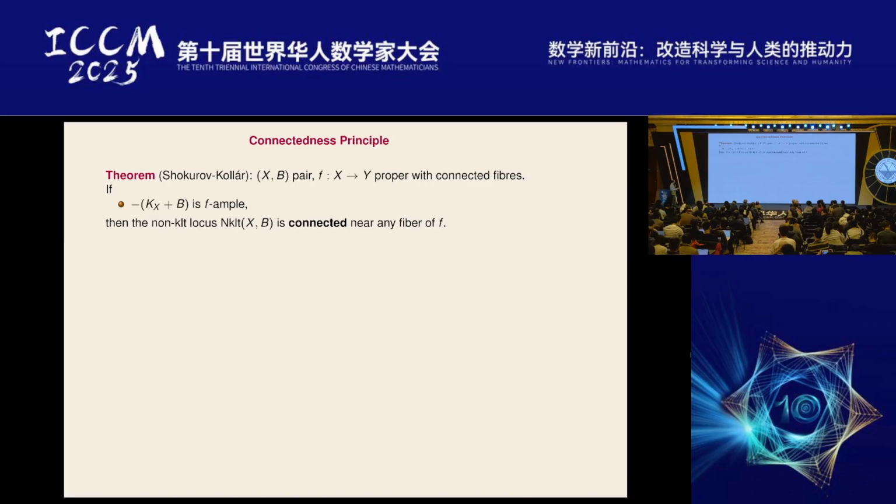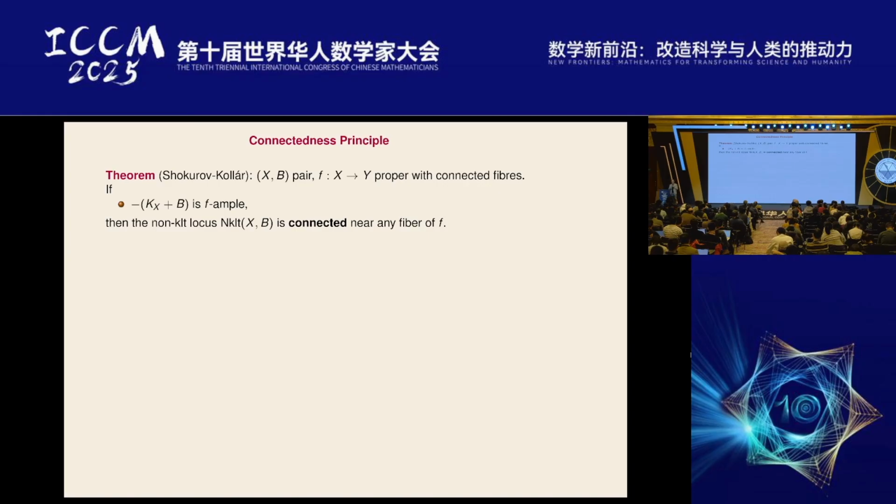Suppose that you have a pair, (X, B), together with a proper map X to Y with connected fibers. So this map itself has trivial Stein factorization, so its Stein degree is 1. We are not trying to measure the Stein degree of this map, but rather of subspaces. But assume that minus K plus B is ample over the base.